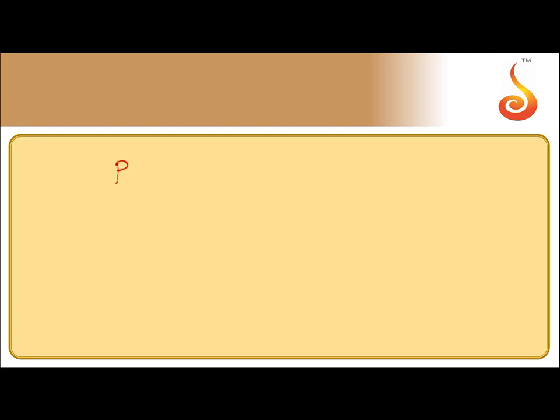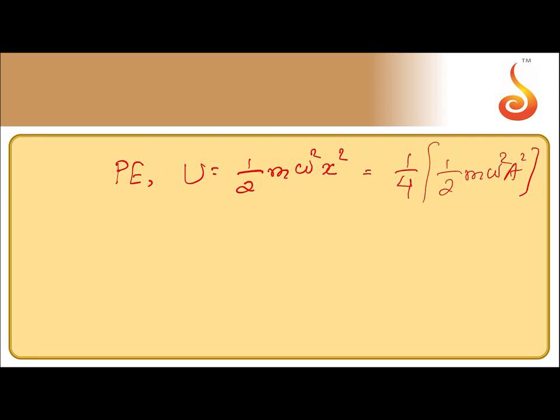You know, potential energy U is given by half m omega square x square. He says this is equal to 1/4 of total energy. Total energy is half m omega square a square.